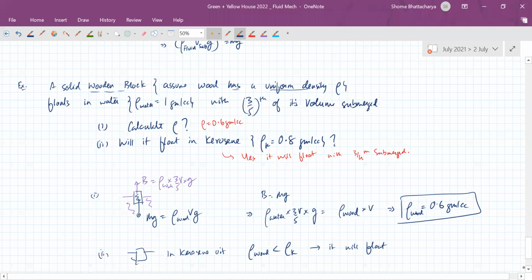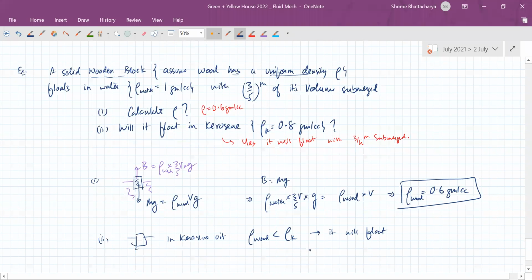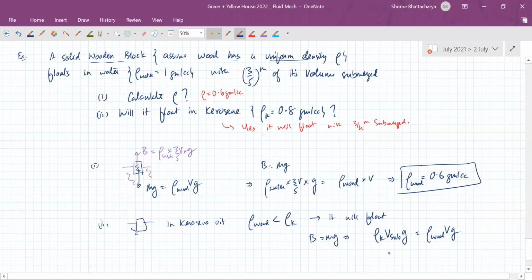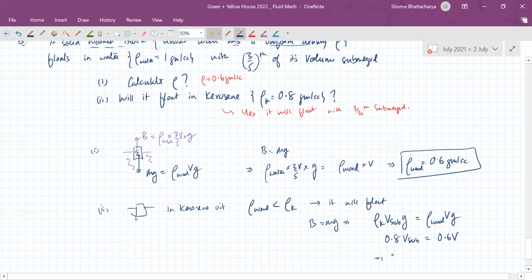And again, this time it will be density of kerosene into volume of submerged part into G. So substituting these values, you can see that 0.8 times volume submerged is 0.6 times V. So the volume submerged will be 3/4 of total volume.